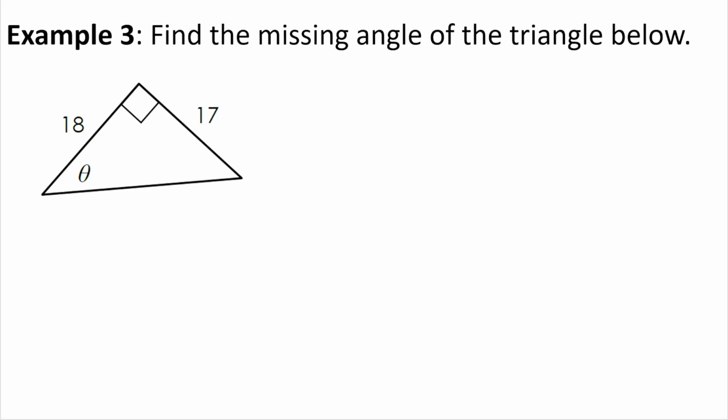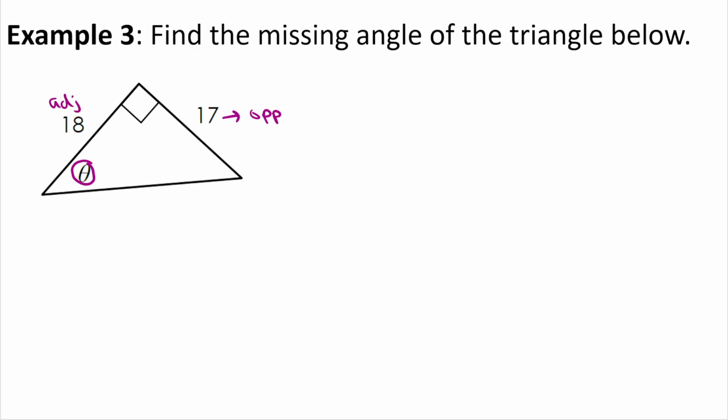And in this example right here, we're going to find that missing angle using theta as our driving force. For the most part, when we're dealing with right triangles that have 2 sides given to us and an angle, we can find the missing angle or the missing side, depending on what variable is given to you. In another video, I'll talk about how to solve a full right triangle and find all the missing sides and angles. But here, we have 2 sides, and with respect to theta, 17 is the opposite and 18 is the adjacent.